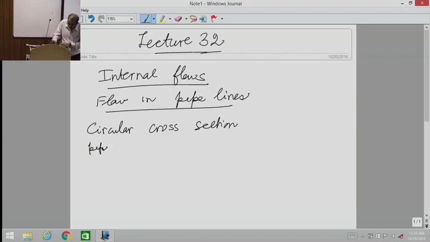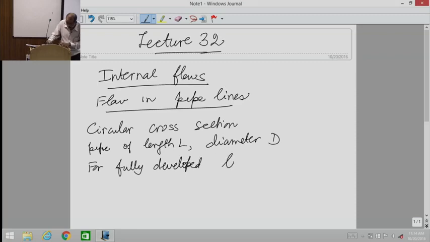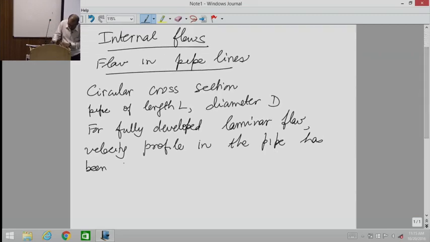So pipe of length L, diameter D. Now for fully developed laminar flow, we have done this problem in the class.